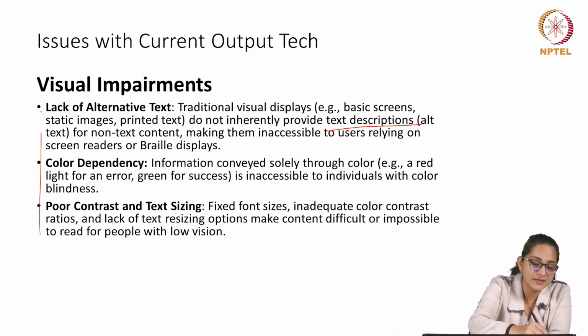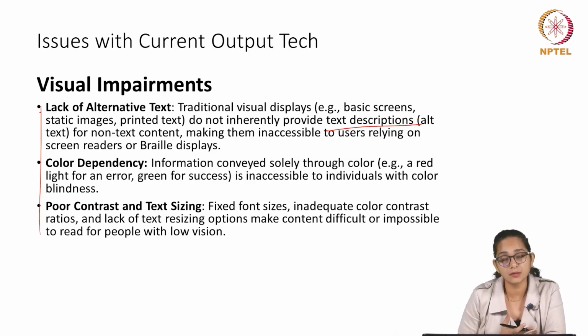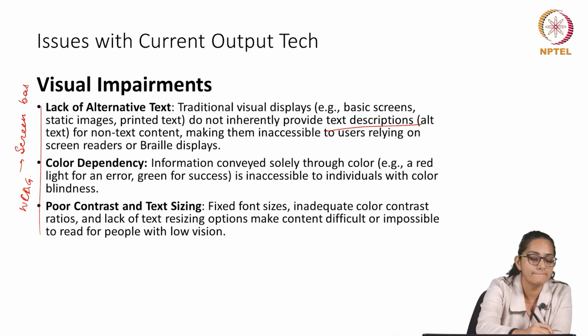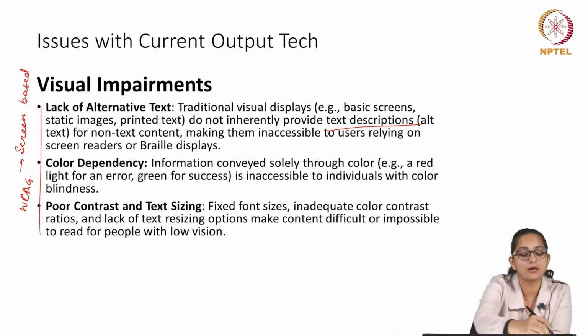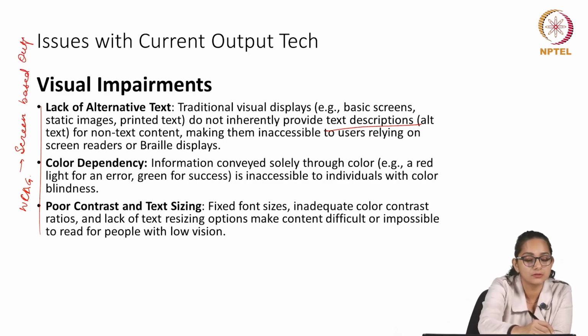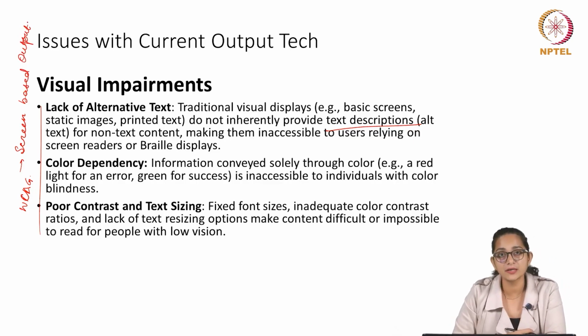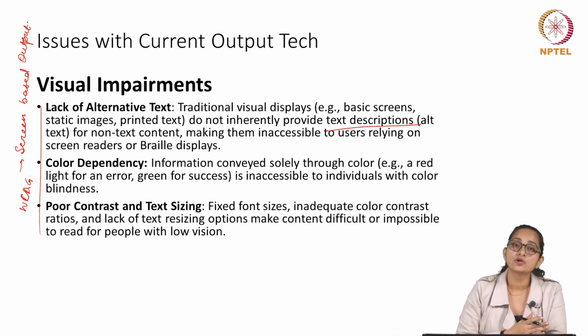So these aspects have been comprehensively covered under the WCAG because they primarily come under screen based output, right. So all of these aspects, you can again go back to our session on WCAG.